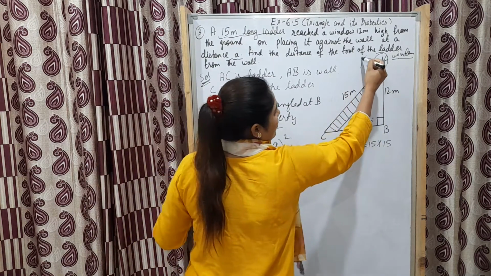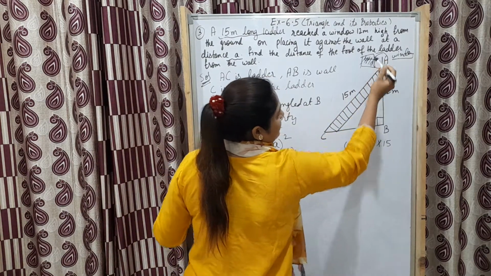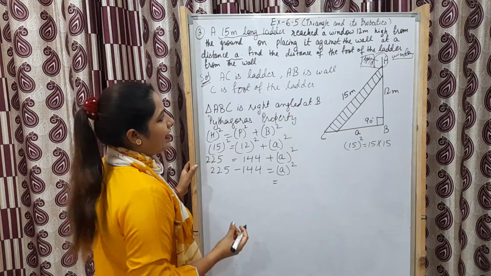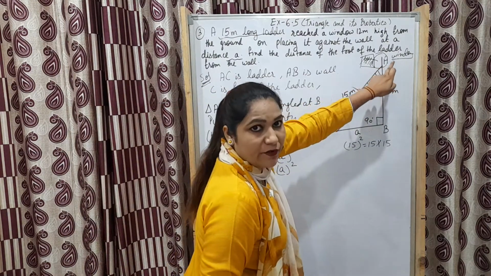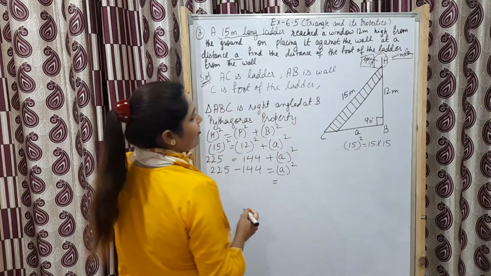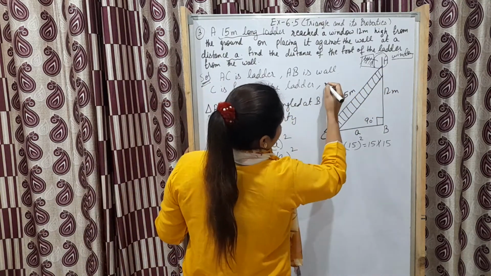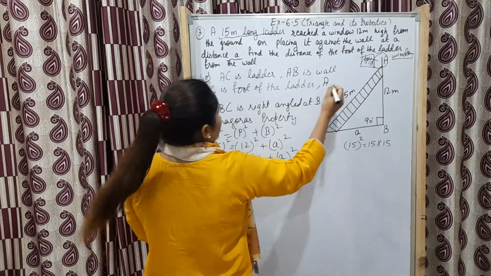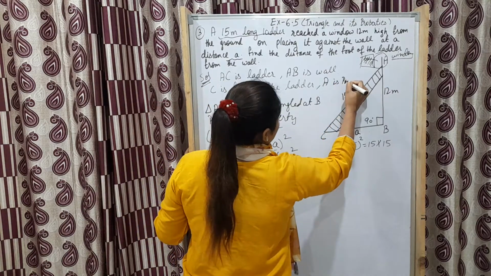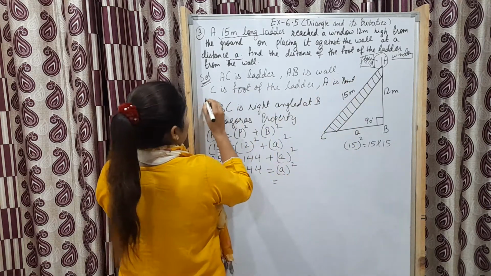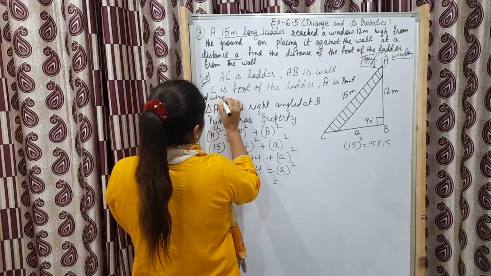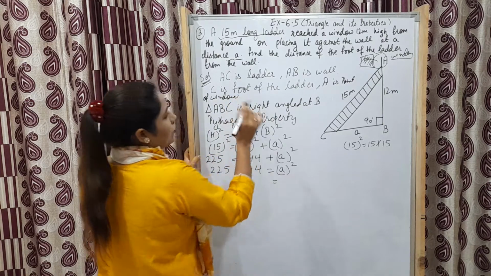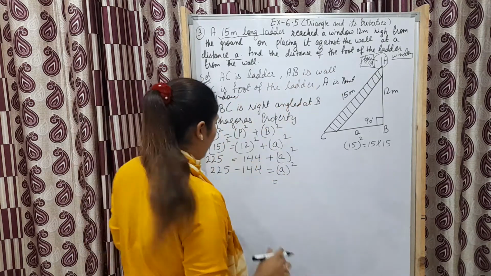You will show the window in this way, and you will write that A is the point of window. You have to mention that window point. Now we will do.